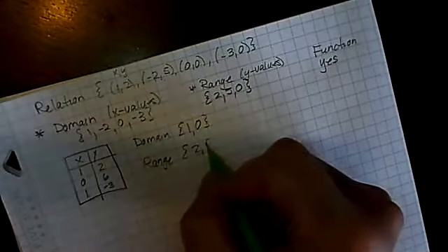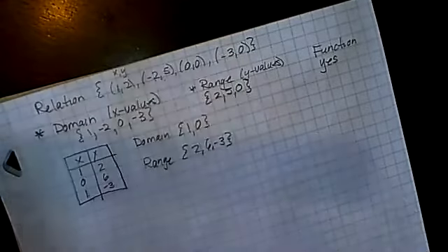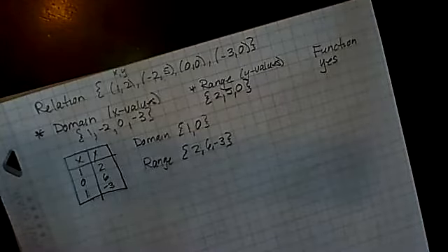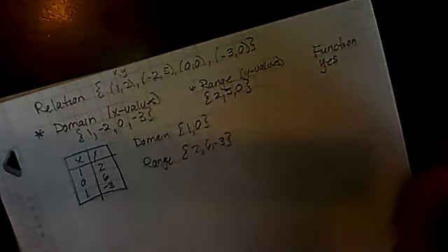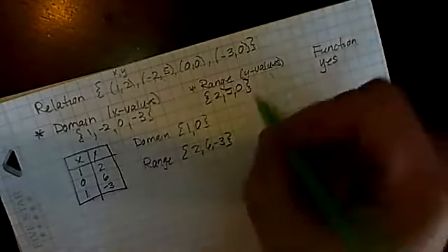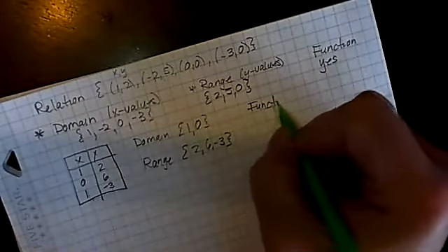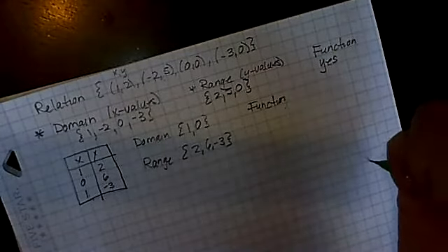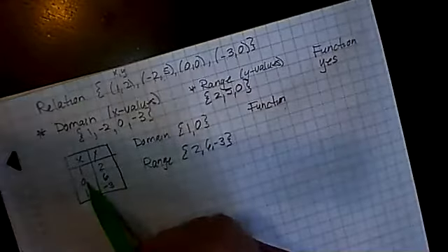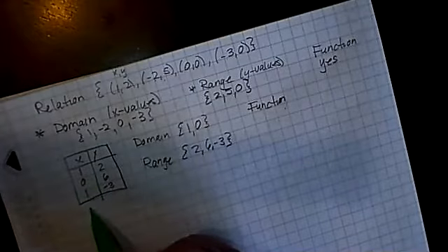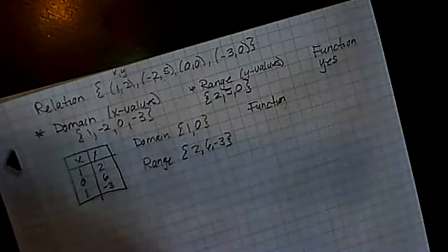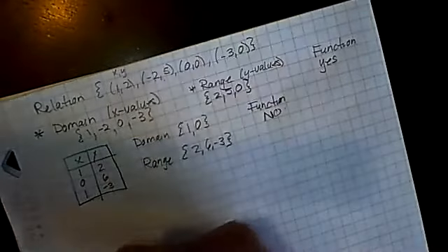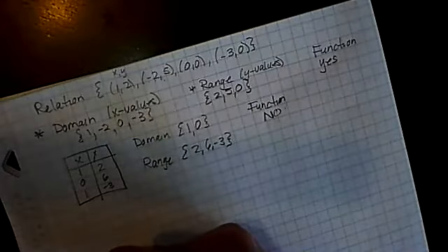So 2, 6, and you don't necessarily have to write them in order. It's nice sometimes when it is written in order, but you're not expected to do that. All right, it doesn't have to be. So is this a function? Well, look at your X values. Notice your X values, there's a 1 and there's a 1. So I have the same X value. So that means no, it's not a function because it has the same X value.